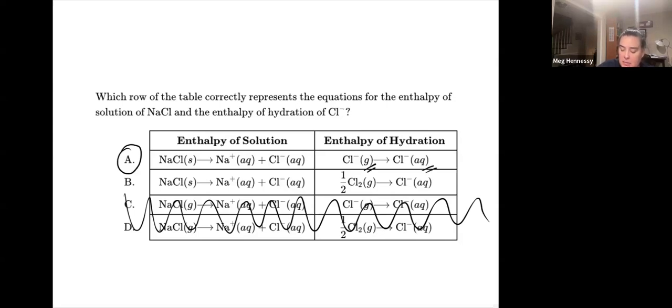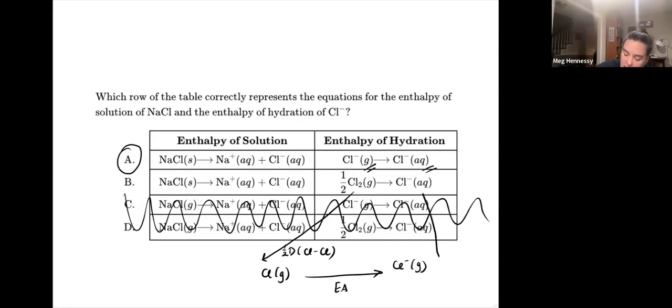The second choice here, where we have the molecule chlorine becoming the aqueous phase ion, would take a whole lot of steps. So we would have to break that bond to make chlorine gas. And then we would have to add an electron to make chloride gas phase.